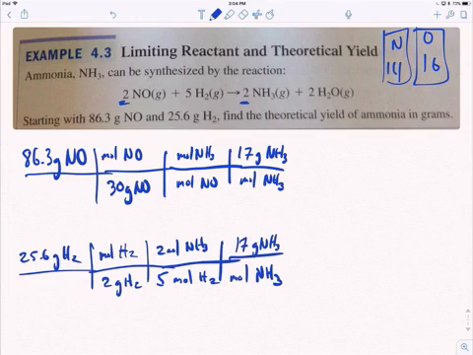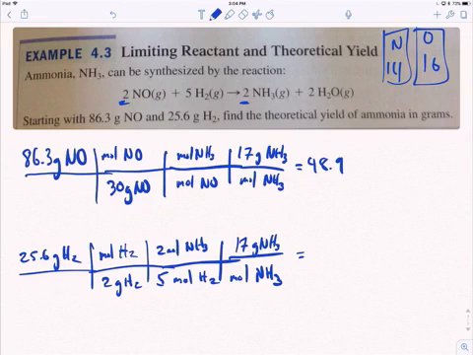So let's look at this. 86.3 divided by 30 times 17. This is 48.9.